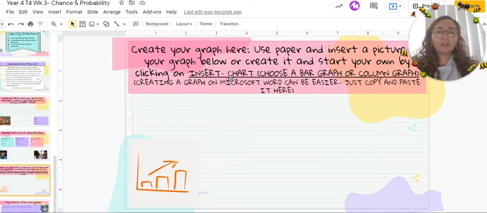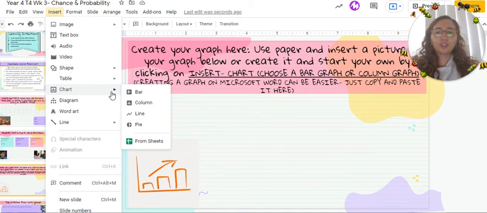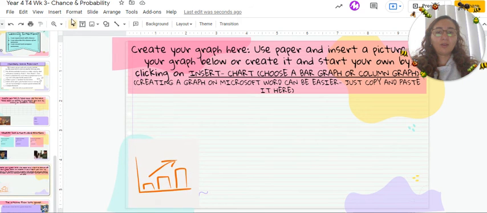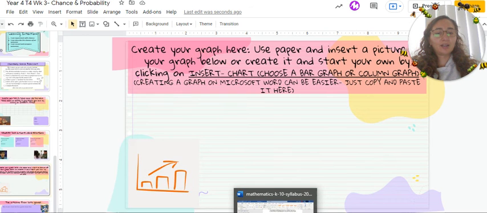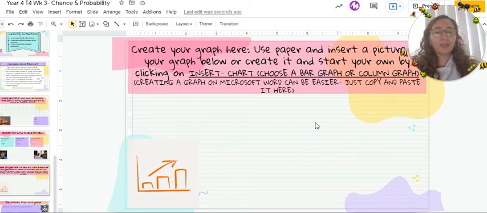So you can create your graph here by clicking on insert and then clicking on chart, and see how it says bar and column. Or you can actually do it on Microsoft Word, and sometimes Microsoft Word is a bit easier. And if you complete it on Word or even on a piece of paper, you can just post it on here.